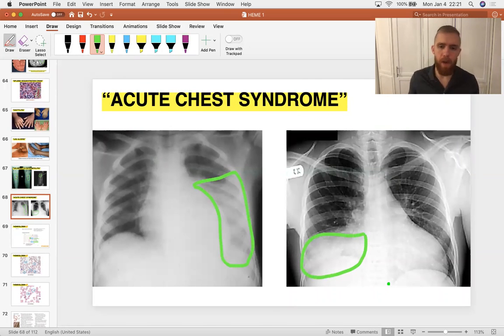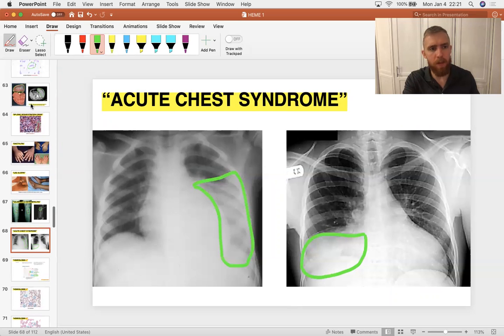So there's going to be sickling, which blocks up pulmonary capillaries, causing backup of hydrostatic pressure, which is just going to transudatively move fluid out of circulation into the interstitium of the lungs. There's your fluid in the lungs. That's acute chest syndrome that you can see in sickle cell disease. Again, it's a vaso-occlusion thing.